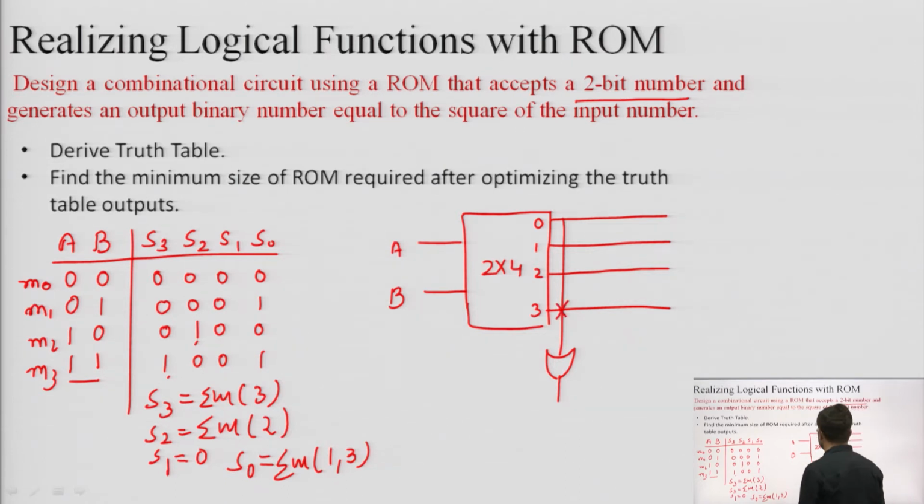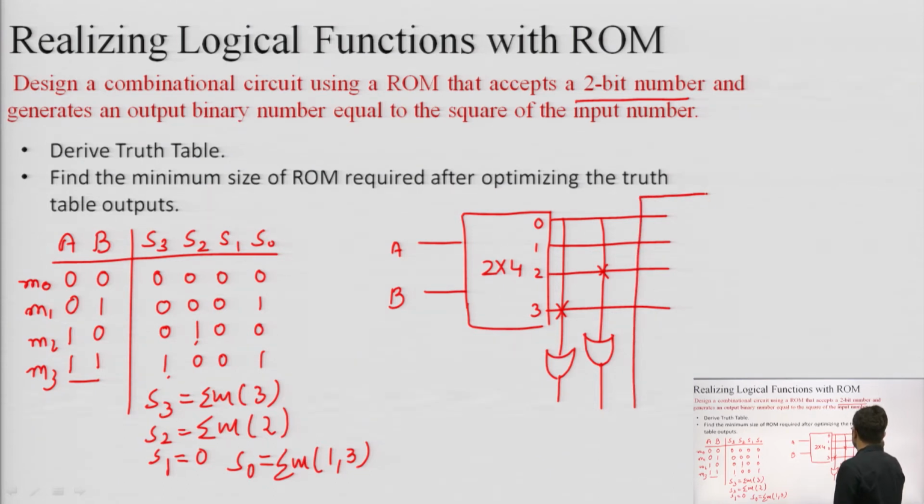Similarly, for S2 something like this. S1 is not connected anywhere, so we can make some connection like this. So this is S3, this is S2, this is S1, and now S0 is 1 and 3.